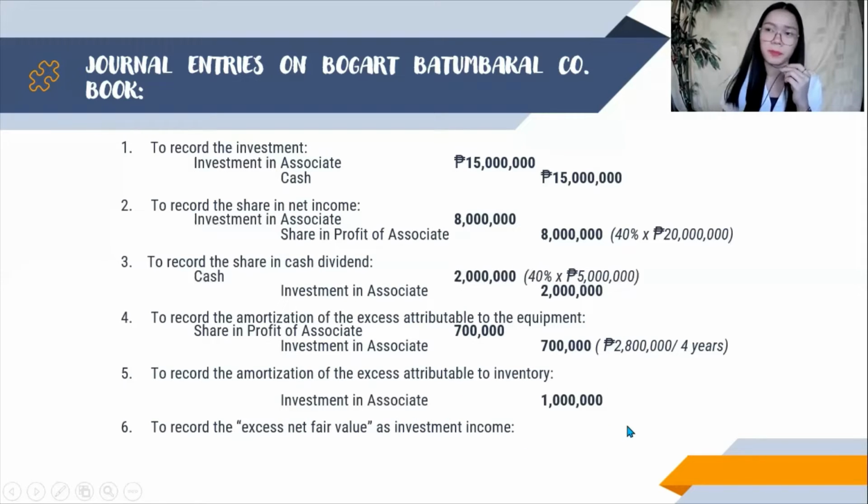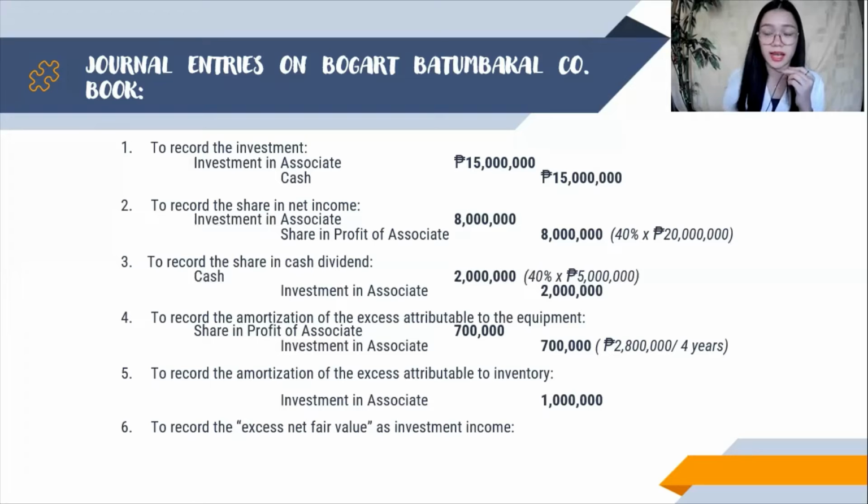So paano nangyari to? Di ba undervalued yung inventory doon sa book ni Jogras Di Magiba. So meaning kung undervalued siya, undervalued din yung kanyang cost of goods sold. So resulting sa overstatement of net income. So kung i-adjust nila yung mga amount na yon, bababa yung net income ni Jogras Di Magiba.